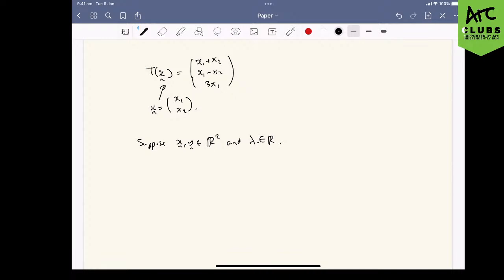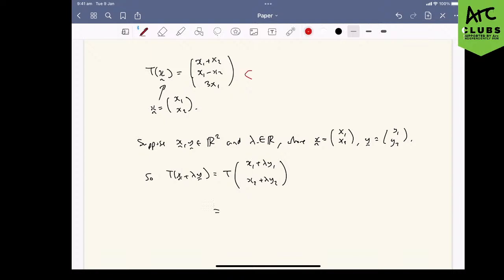Here, let's say x is x1, x2 and y is y1, y2. So T of x plus lambda y, it'll be good to figure out the components of the sum of vectors. That would be T of x1 plus lambda y1, x2 plus lambda y2.